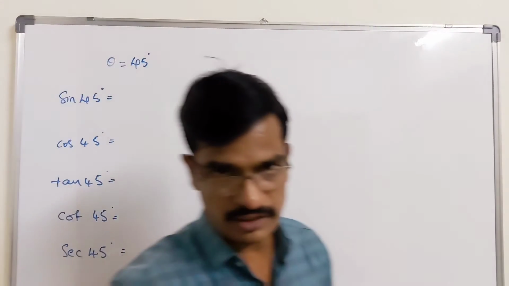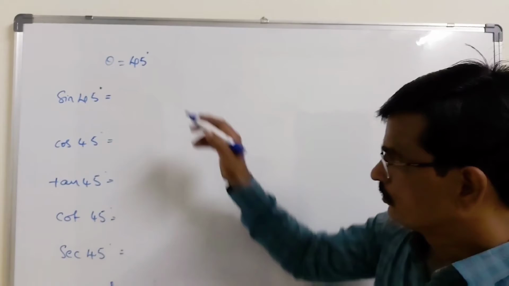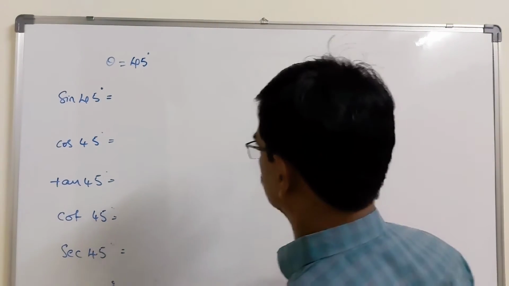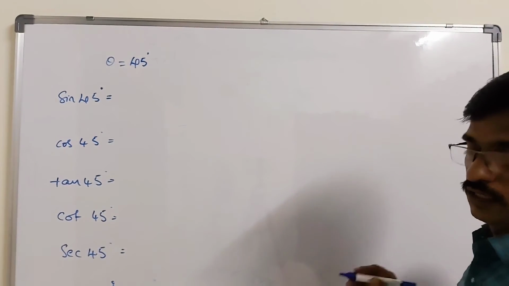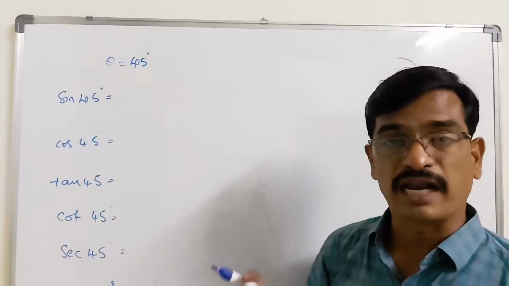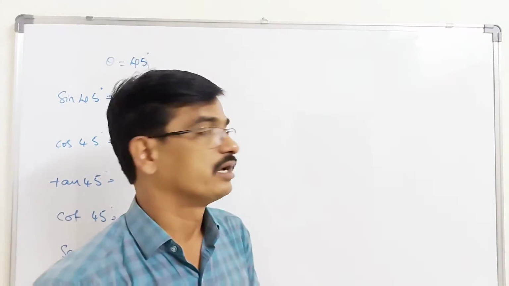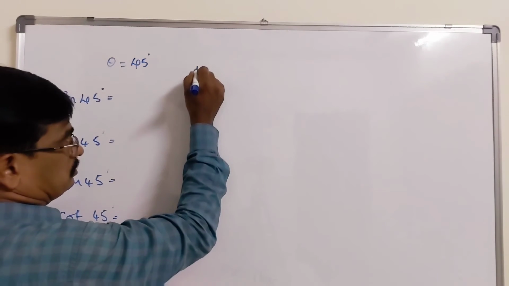Okay, so to find out when theta is equal to 45 degrees, let us consider an isosceles right triangle.